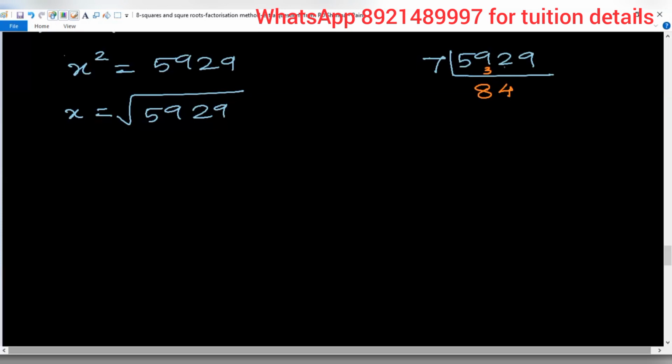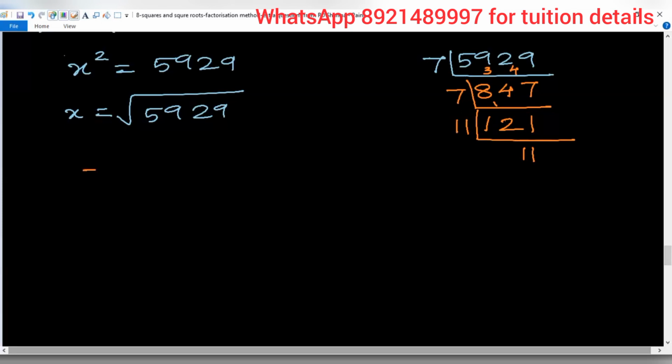So 4 is left, 49. 7 into 7, 49. So 847. Again, a difficult number, no? So let us try 7. 1 times 7, then 1 is left here, 14, 2 times, then 1 time, 121. This is 11 into 11, right? 121 is 11 into 11.